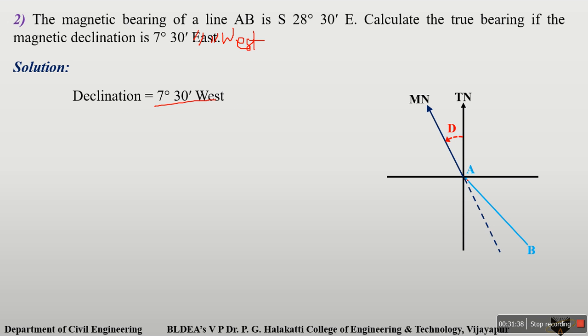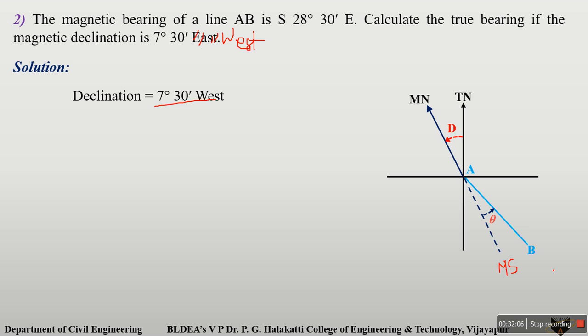The dotted line is the extension of this magnetic north, so this will act as the magnetic south. In that condition, the angle from the magnetic south towards that line, this bearing, is our theta value, that is 28 degree 30 minutes east.